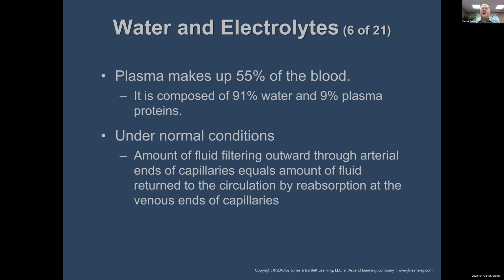So let's say you have an ounce of water that gets expressed out at the arterial side of the tissue. The venous side of the tissue, which is right there, reabsorbs the ounce of water, but the ounce of water that it reabsorbs has the trash in it.